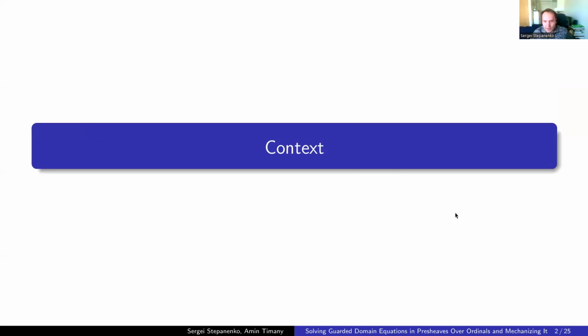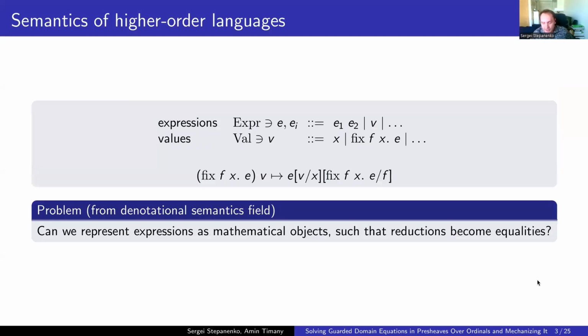Firstly, about the context. Often when reasoning about programming languages, we are interested to study programming languages that have fixed point combinators. So for example, on this slide, you can see a programming language that employs a fixed point combinator.